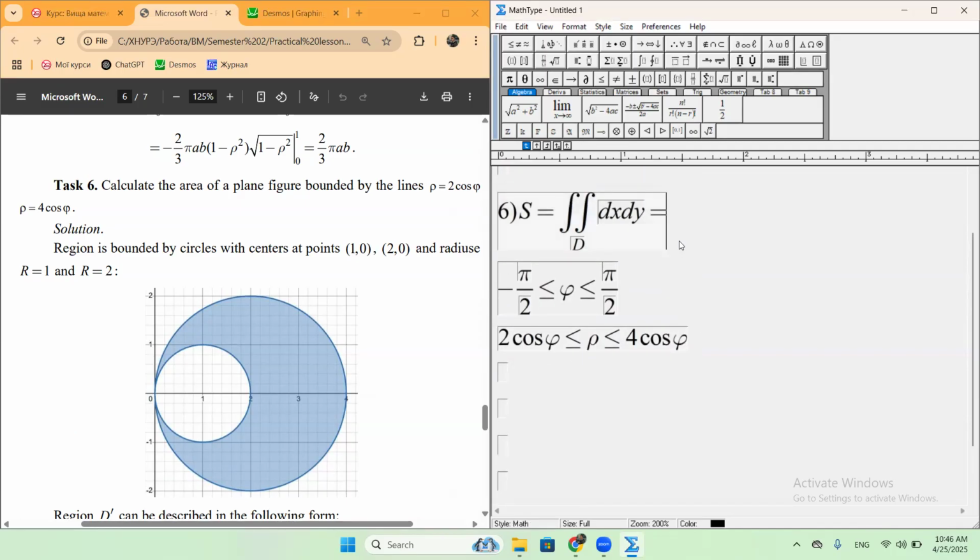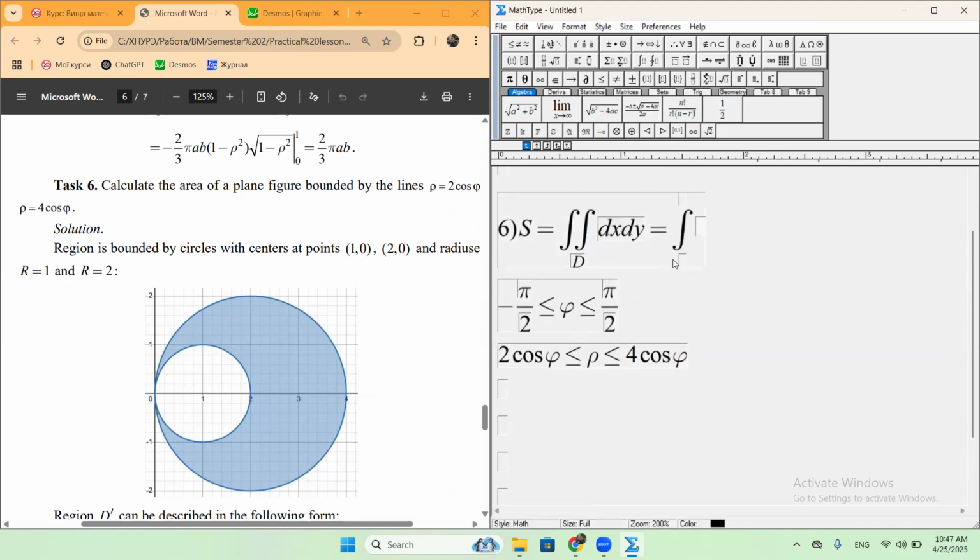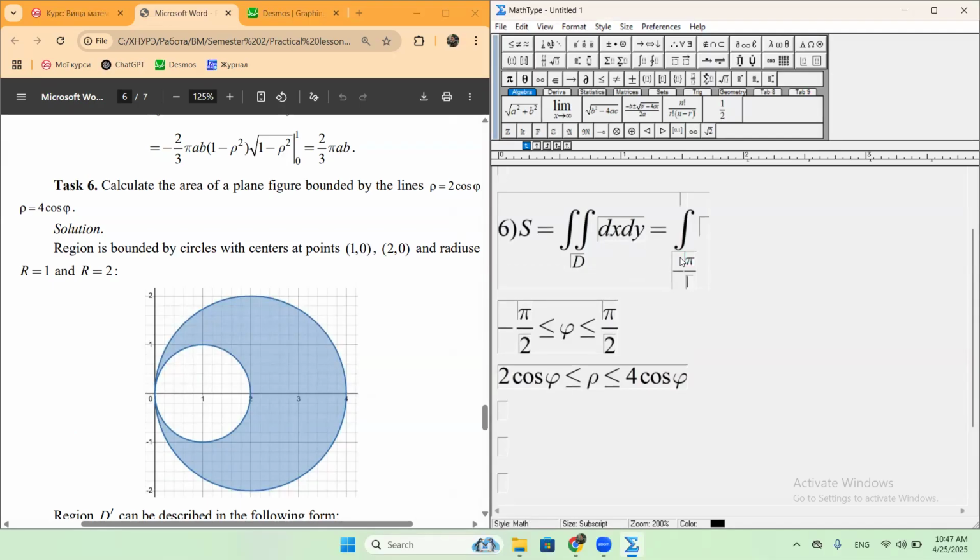So now let's transform. Let's set limits of integration, from minus π over 2 to π over 2.